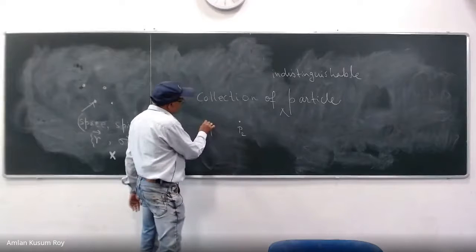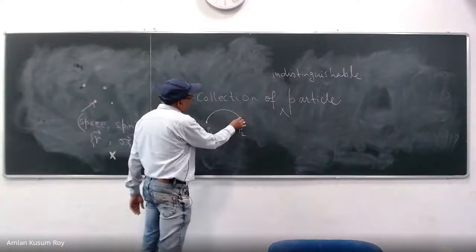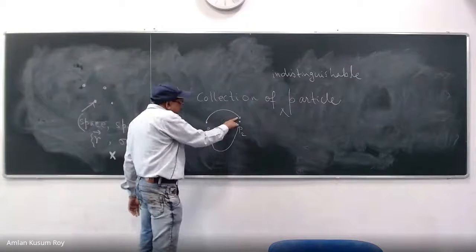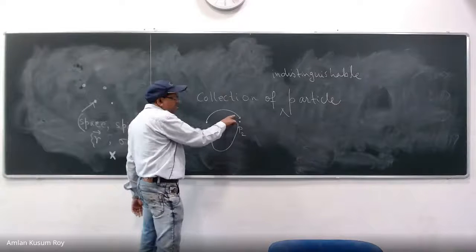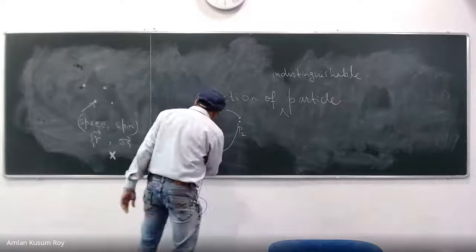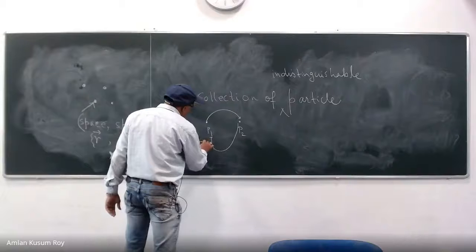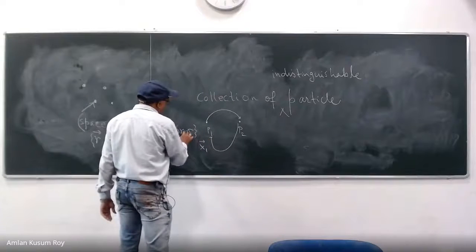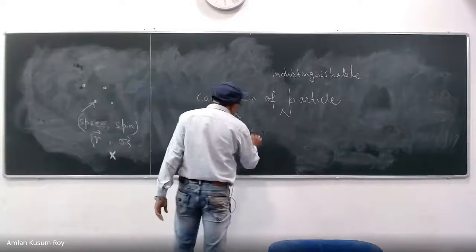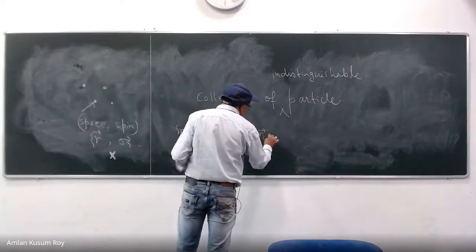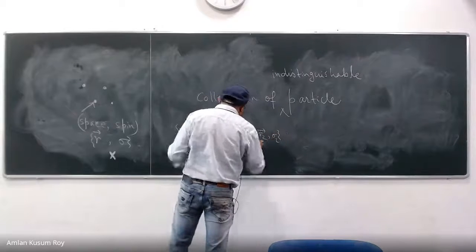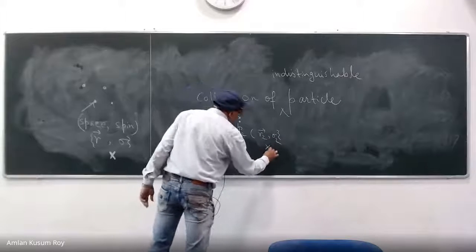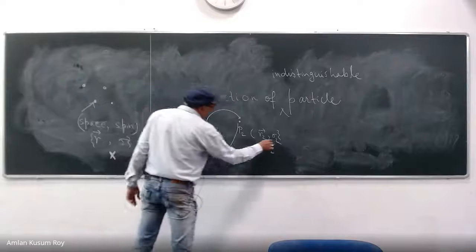Exchange means this particle goes to that place and that particle comes to this one. If this particle was represented by X1, within space R1 and a certain sigma 1, and the other was labeled by R2 coordinate with a certain sigma 2, so this is the shorthand for X2 and this is the shorthand for X1.